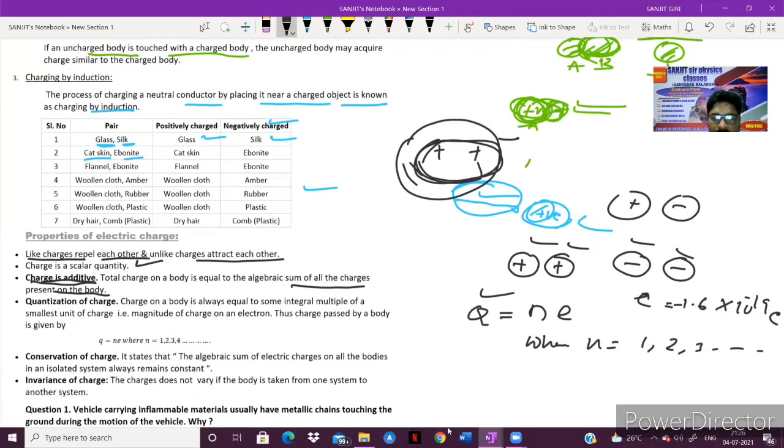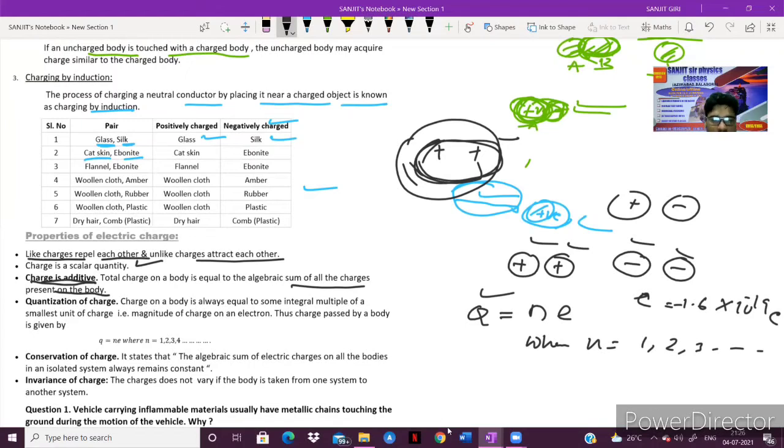In an isolated system, no charges enter or leave the system, so the total electric charge of all the bodies, the algebraic sum, remains constant.